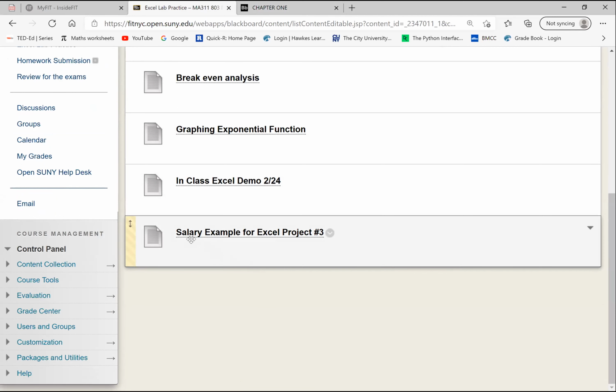And also, let's open this file for the second part of project number 3, right? The second part of project number 3 is about salary, how to calculate salary. Let's open this Excel file.